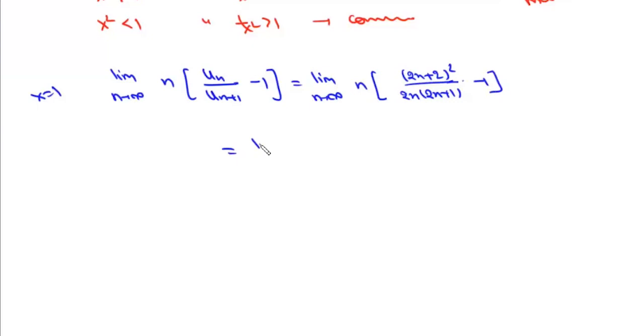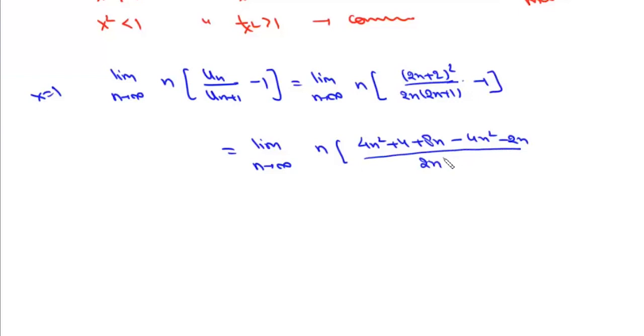Now we can write this as this limit, n tends to infinity n, and here it will be this 4n square plus 4 plus 8n minus 4n square minus 2n upon 2n and 2n plus 1. Now this 4n square will cancel.